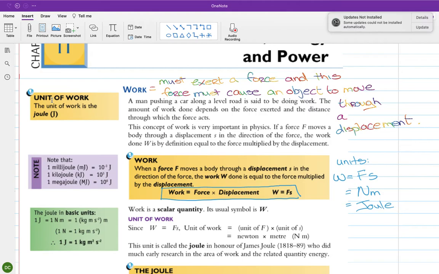So the unit for work is force by distance, newtons by meter, so Newton meter. And we don't use Newton meter, we use the joule. It's just J.